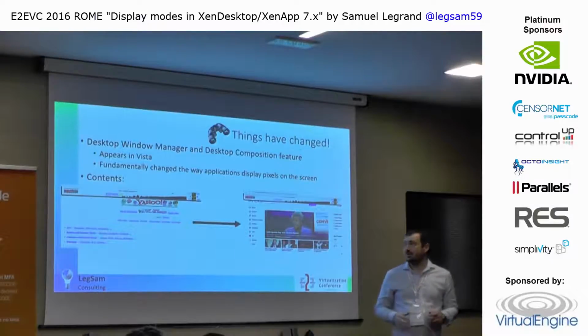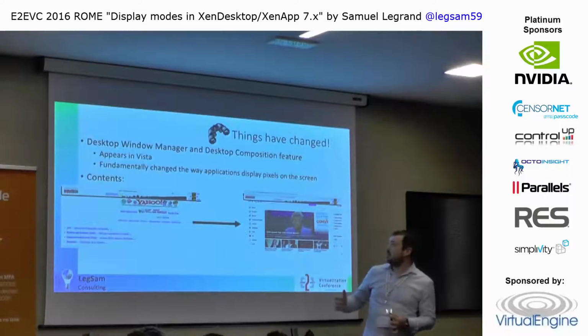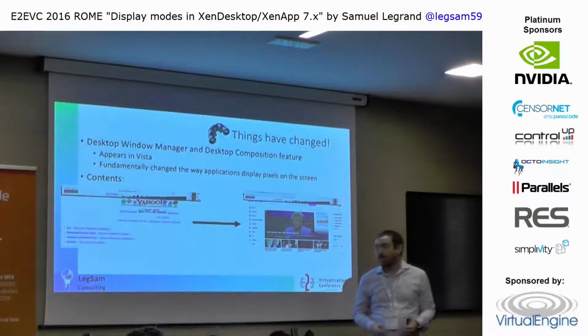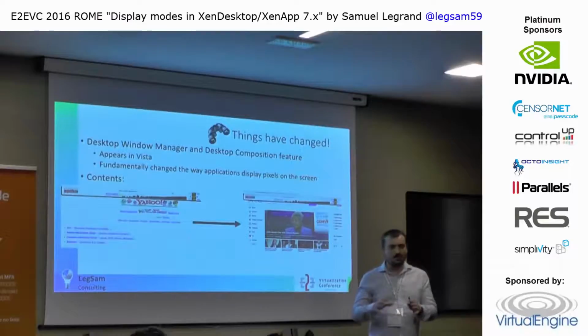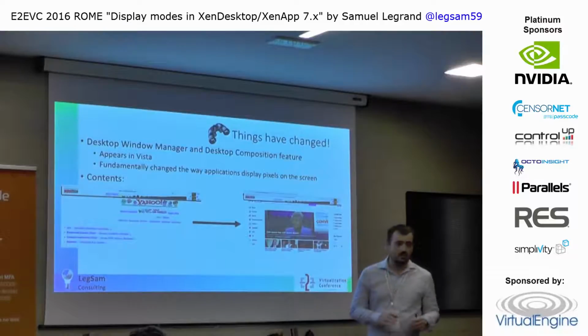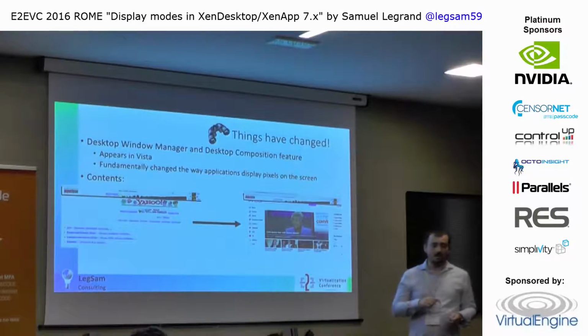Now there is the desktop composition service in Windows, and for each application there is a small driver which performs that, and afterwards sends a full picture of the screen. So before it was just GDI commands, and now it's a picture that Citrix sends over the wire.